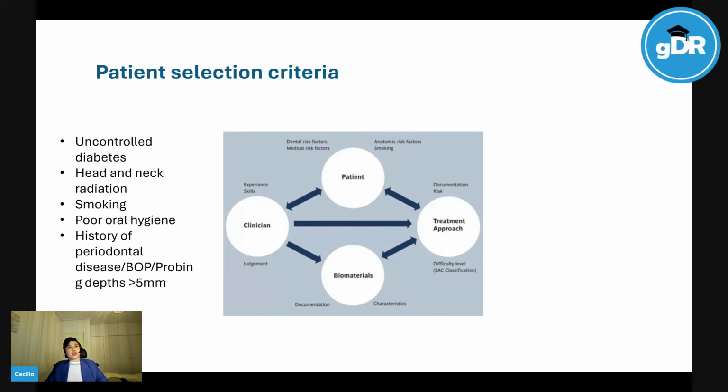The third would be smoking patients. Poor oral hygiene is a big factor as well, so that will increase the risk of your implant failure. Patients with a history of periodontal disease, so bleeding on probing more than 25% of sites, probing depths of more than 5 millimeters.